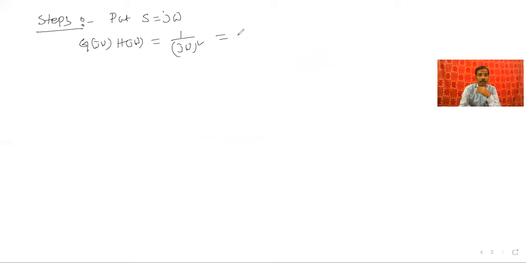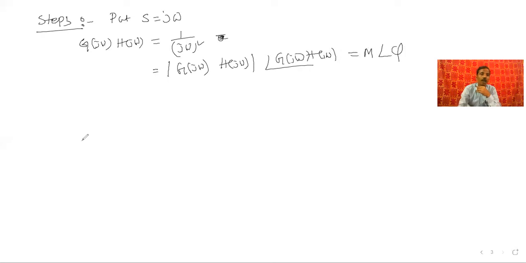And this is equivalent to mod of G(j omega)H(j omega). For sinusoidal input, this is magnitude part and this is phase angle part. And this is equivalent also to M into phi.